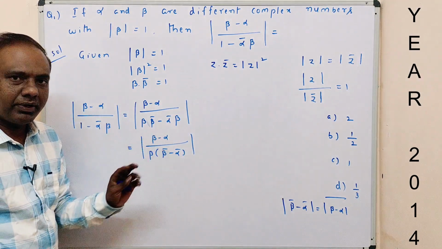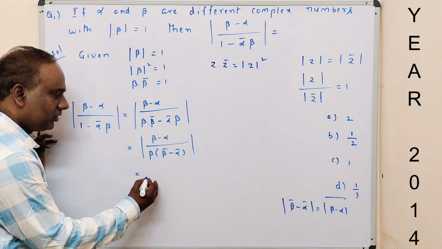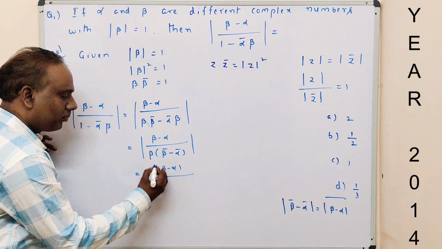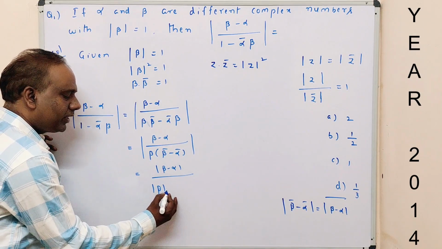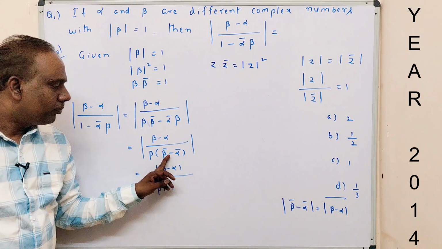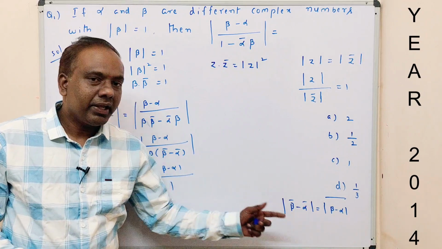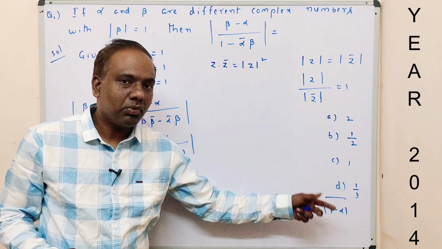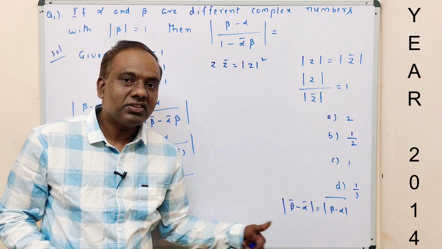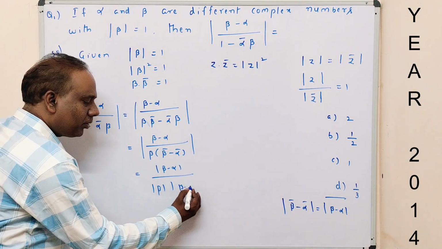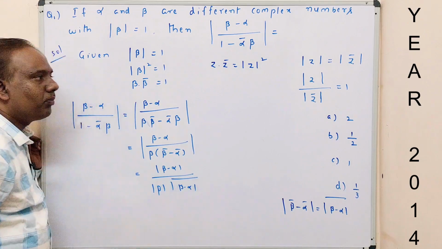Now we can write separate modulus for all. That means it can be written as modulus of beta minus alpha by modulus of beta into modulus of beta bar minus alpha bar. Modulus of beta bar minus alpha bar can be written as modulus of beta minus alpha whole bar.